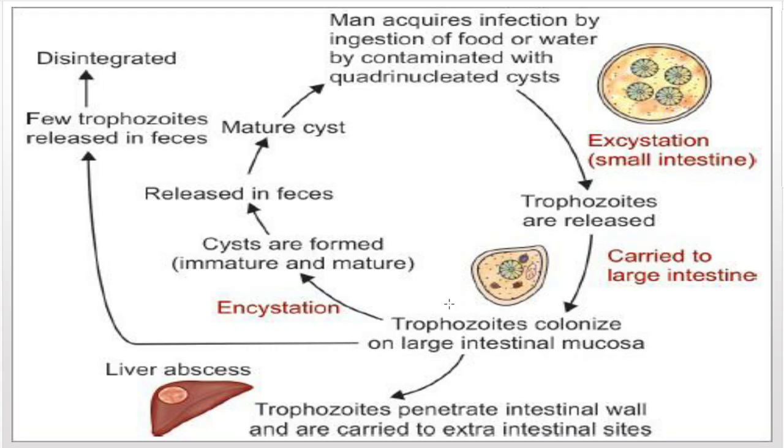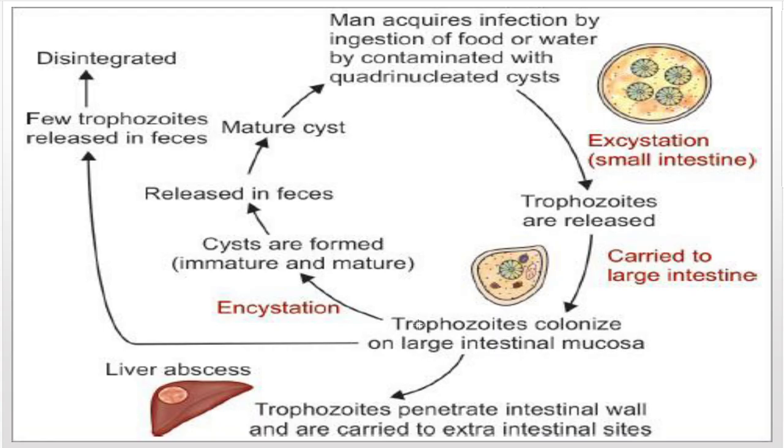You can see the man acquires infection by ingestion of food or water contaminated with quadrinucleated cysts. Then it goes into the small intestine. Here excystation happens. Then trophozoites are released, carried to the large intestine. Then these trophozoites colonize the large intestinal mucosa.